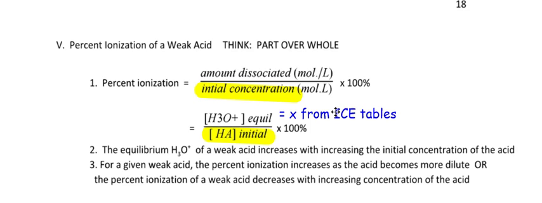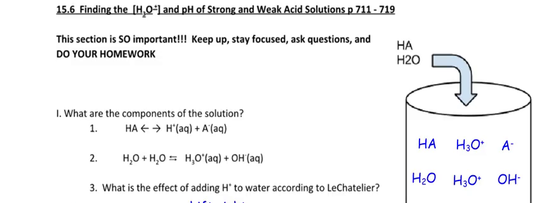So it says the equilibrium concentration of H plus of a weak acid increases with increase in initial concentration of the acid, okay? So for a given weak acid, the percent ionization increases as the acid becomes more dilute. Let me pause here and bring you back to something real quick. Do you remember the very opening statement of section 15.6?